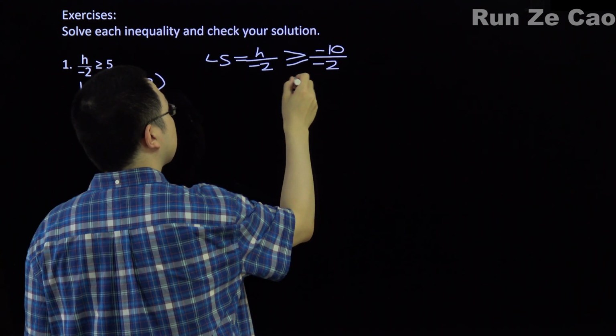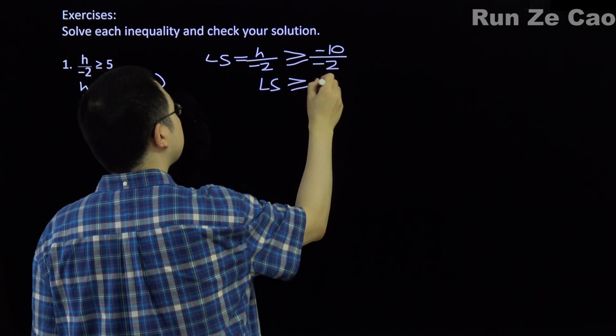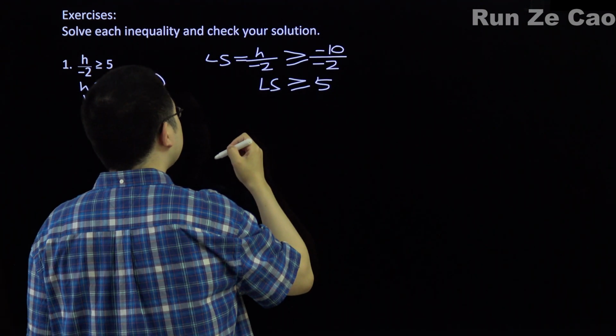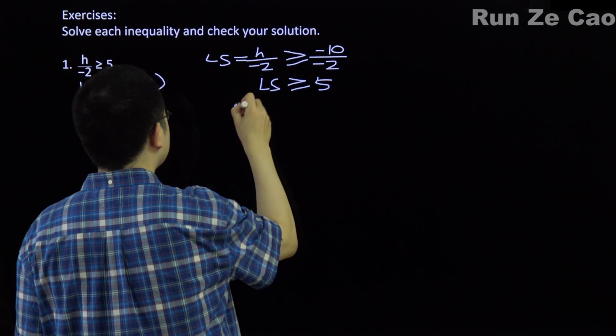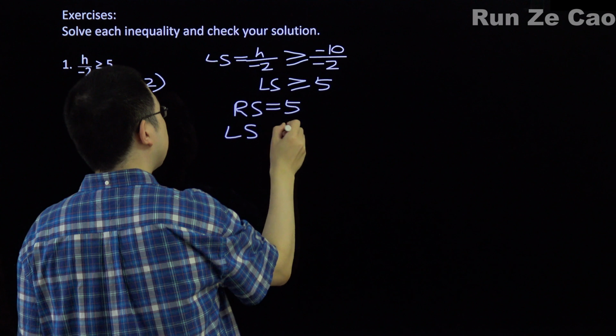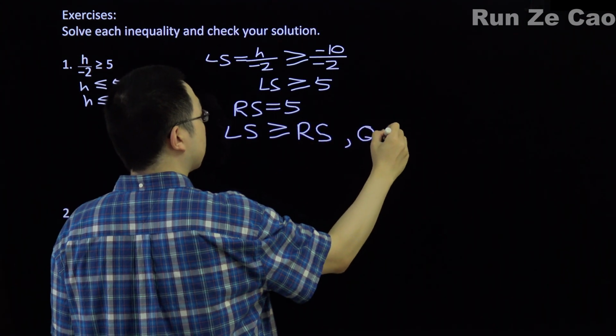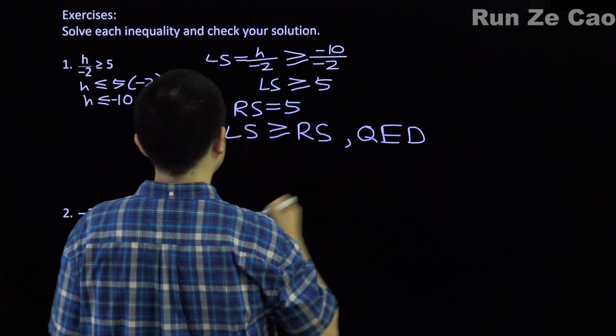Well, this leaves us with left side greater than or equal to 5. Right side equals 5. Left side is greater than or equal to right side. Thus, what is asked has been shown. QED.